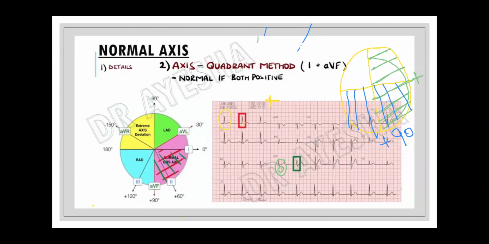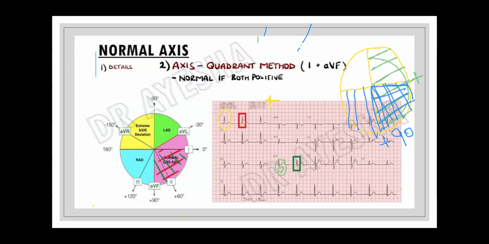Doctor, why you make this? So wherever both of these leads intersect or meet in this region, you can say they are coinciding, or both are having the direction in this quadrant.